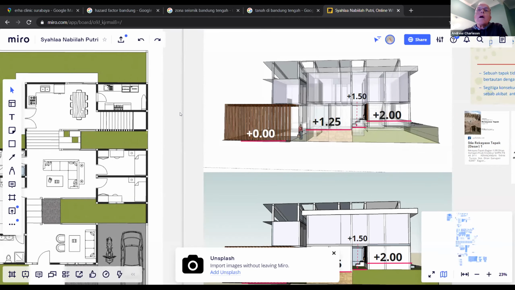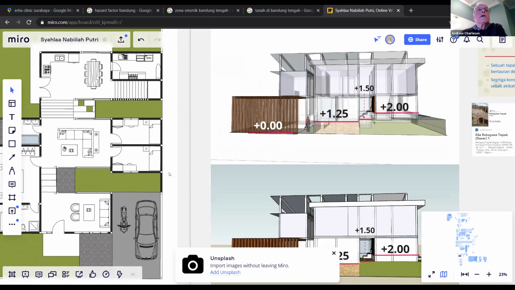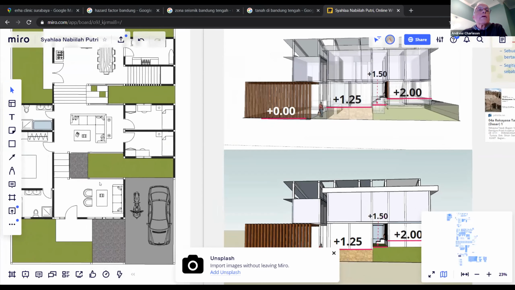Well, the first thing I would like to observe is that at your first floor here, you have not got a split level, have you? This is a constant level. And is that correct? Yeah. This is the lower level here.